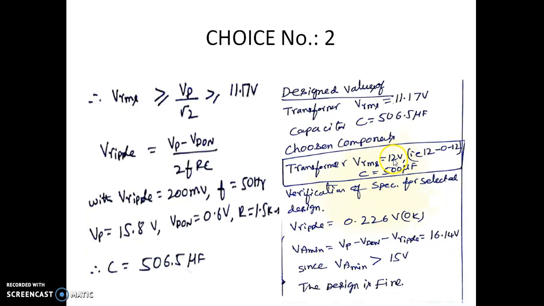By using these values, we can recalculate the ripple voltage and VA minimum. The ripple voltage is close to 200 millivolt, around 226 millivolts, and VA is certainly greater than 15. So we can certainly use these selected values of transformer rating and capacitor to get the desired output.